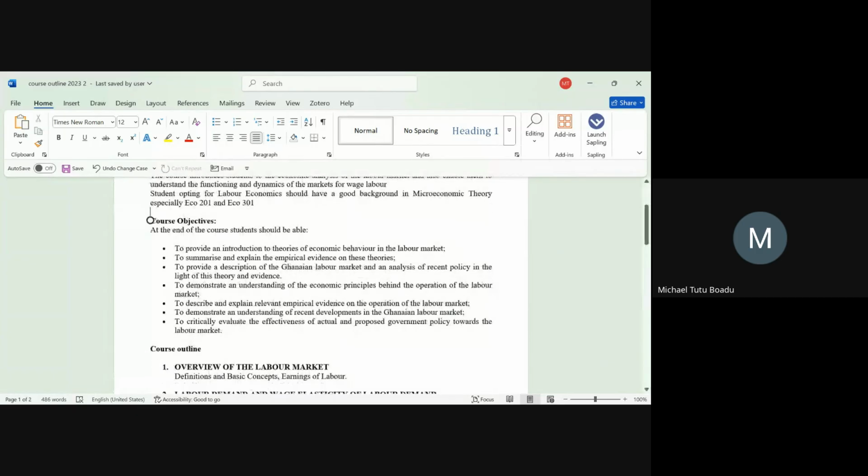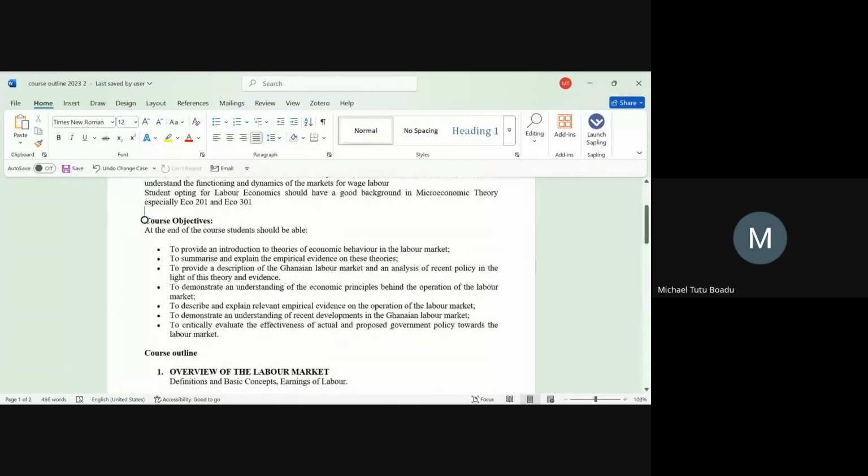So our first objective is that at the end of this semester's course, we expect each and every one of you to be able to provide an introduction to theories of economic behavior in the labor market.